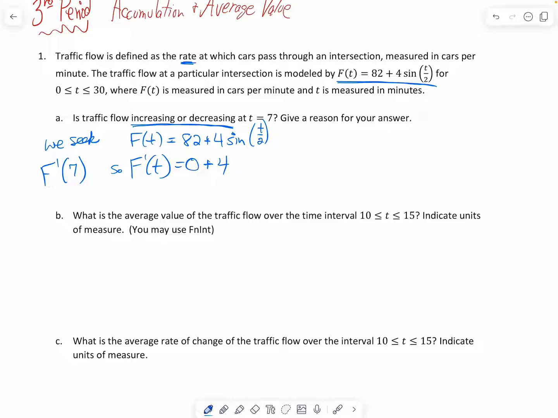It's been a while since I've taken a derivative using the chain rule. The derivative of sine is cosine of t over 2, and then it's cosine of t over 2 times 1/2. We'll clean that up a little bit. That becomes 2 cosine of t over 2.